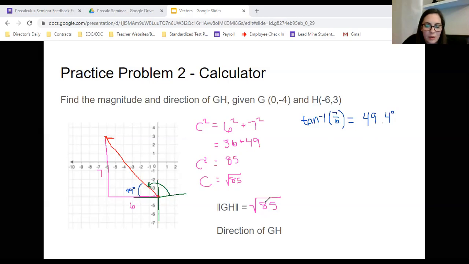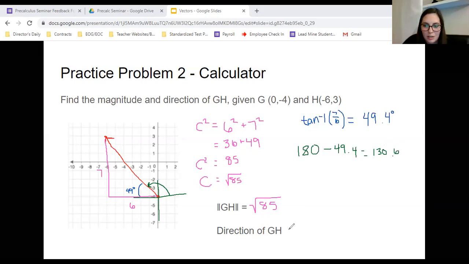All right. But again, that is this angle right here. And direction is always measured from the positive x-axis. So I am going to very simply do 180 minus 49.4, get 130.6.